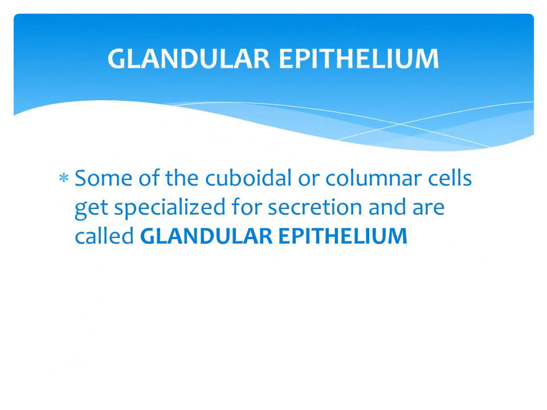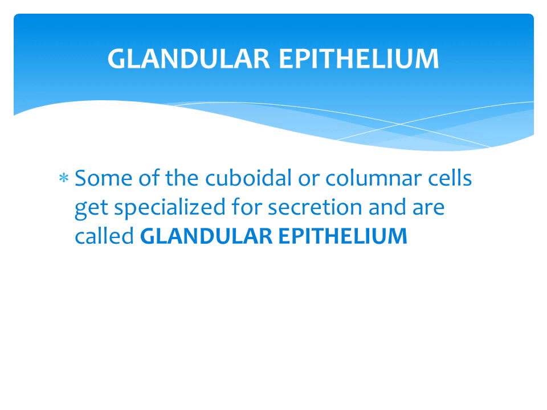The modified form of these cuboidal or columnar cells is known as glandular epithelium. So let us see what glandular epithelium is. Some of these cuboidal or columnar cells get specialized for secretion and are called glandular epithelium.